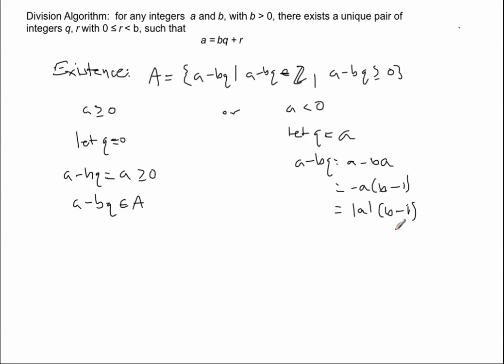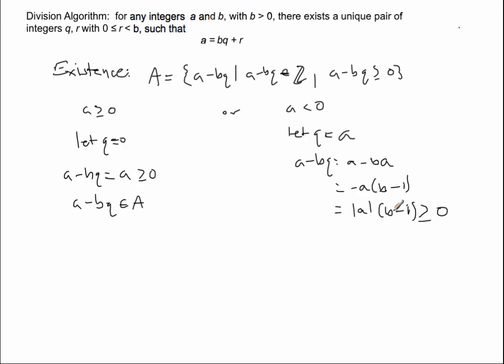Now, since b is greater than 0, and b is also an integer, the first integer greater than 0 is 1, so that means that b is greater than or equal to 1, which means that b minus 1 is greater than or equal to 0. And the absolute value of a is also greater than or equal to 0, so that means this whole thing is greater than or equal to 0.